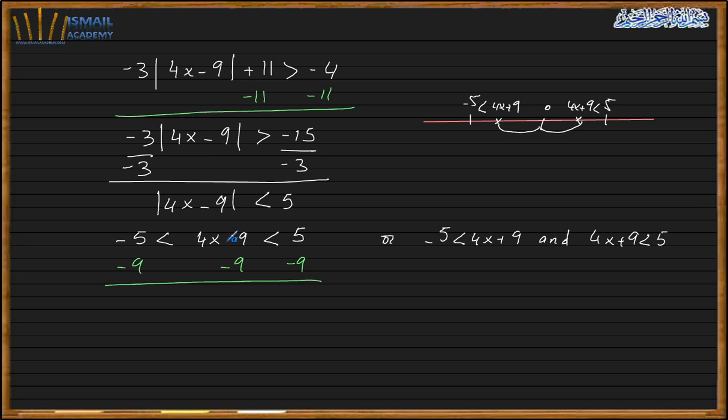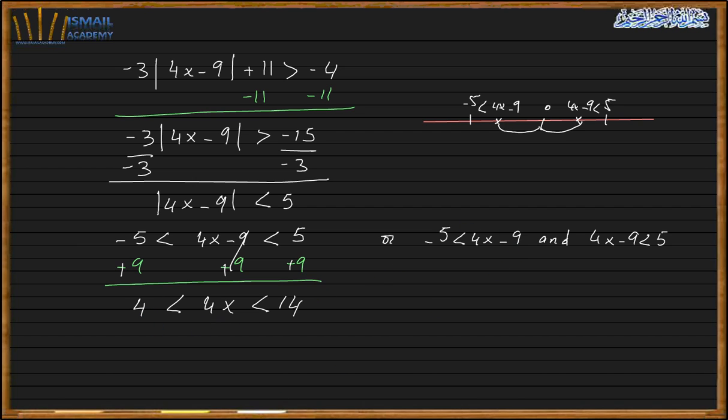So here I will add 9. Alright, now let's get back. So here I add 9, so here it will be 4x because this is cancelled out, it's less than 14, and this one is less than 4.